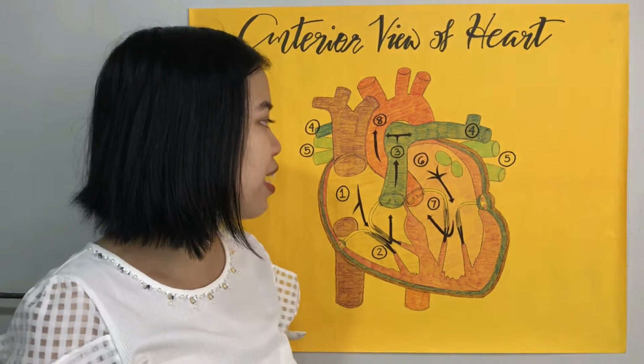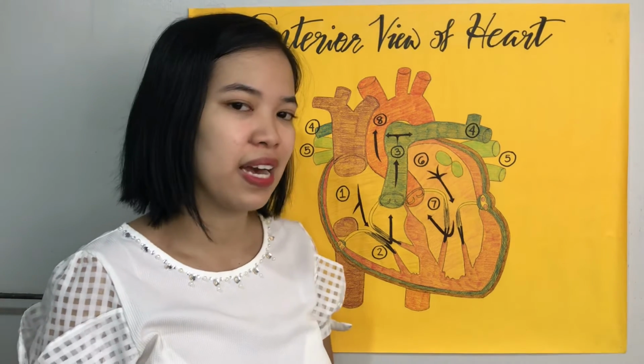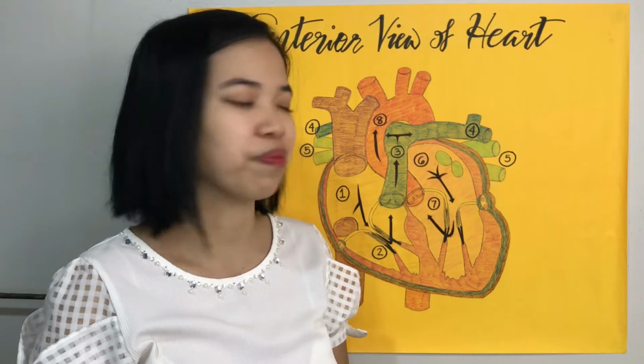Now we are going to tackle the coronary circulation. The coronary circulation is a part of the systemic circulation. As you can see in our diagram, there is no specific process of the coronary circulation, but we can still use this diagram as a guide to locate the coronary circulation.